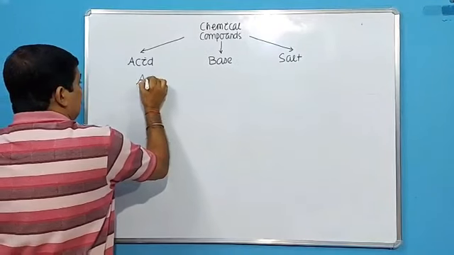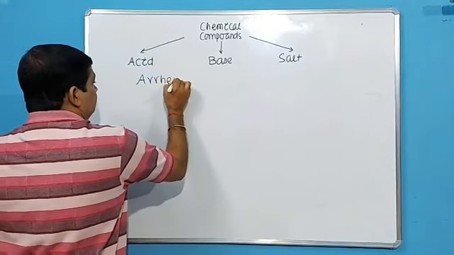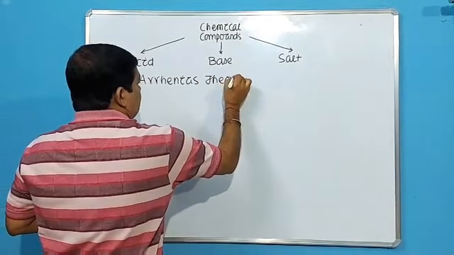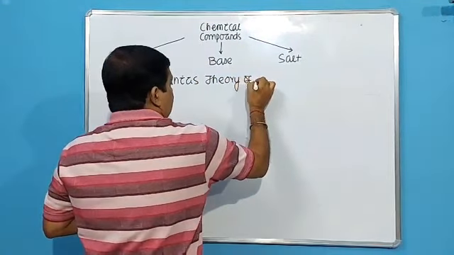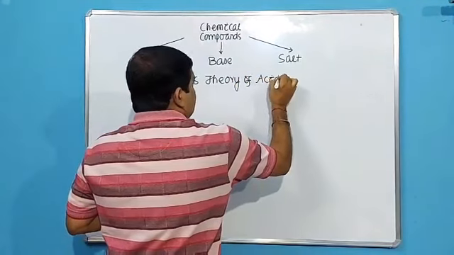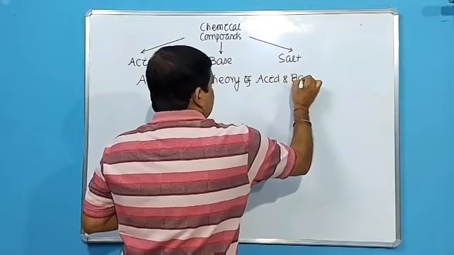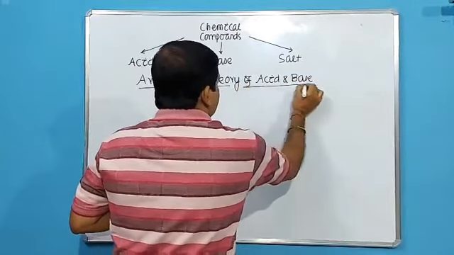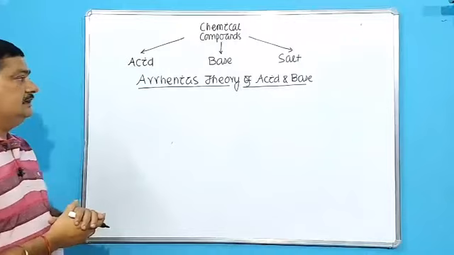Let us first know what is an acid and what is a base as per Arrhenius theory.